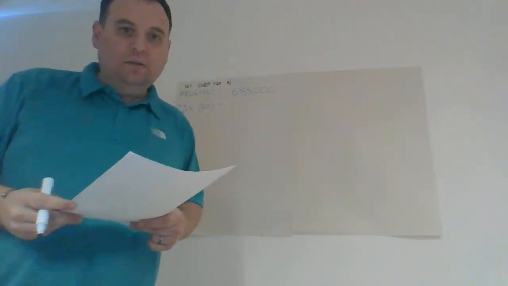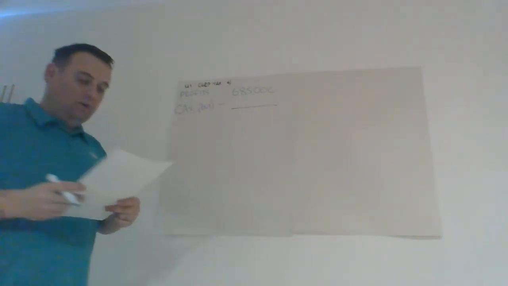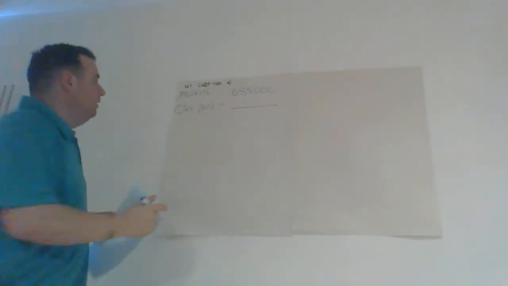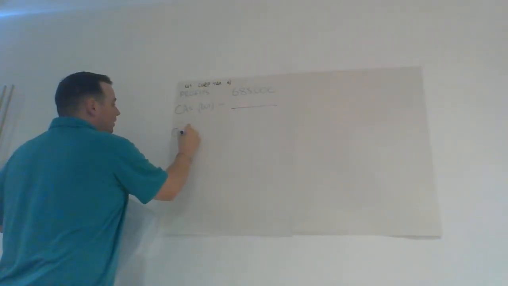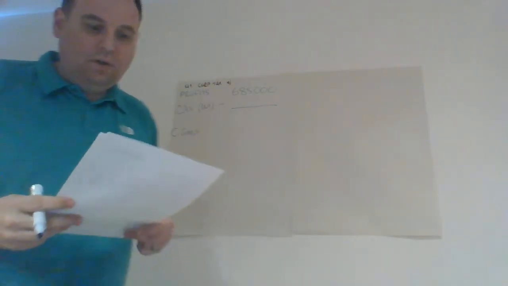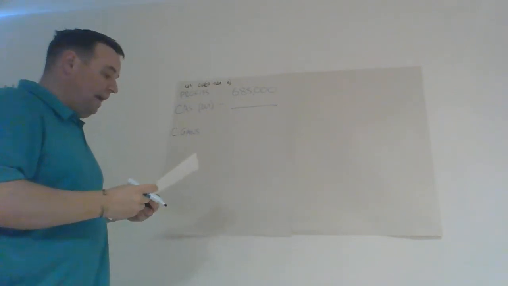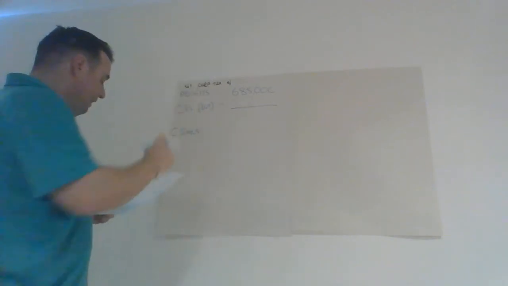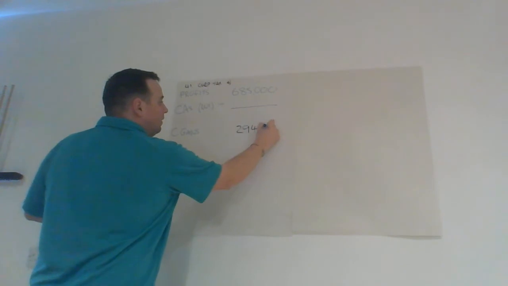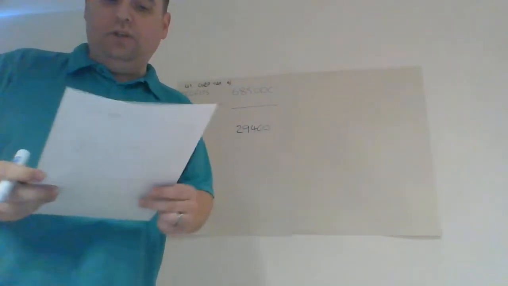The next part, after totaling those, will be our chargeable gains. So we have 685, we do not have capital allowances, but we do have chargeable gains, 29,400 in the question, like we said before.